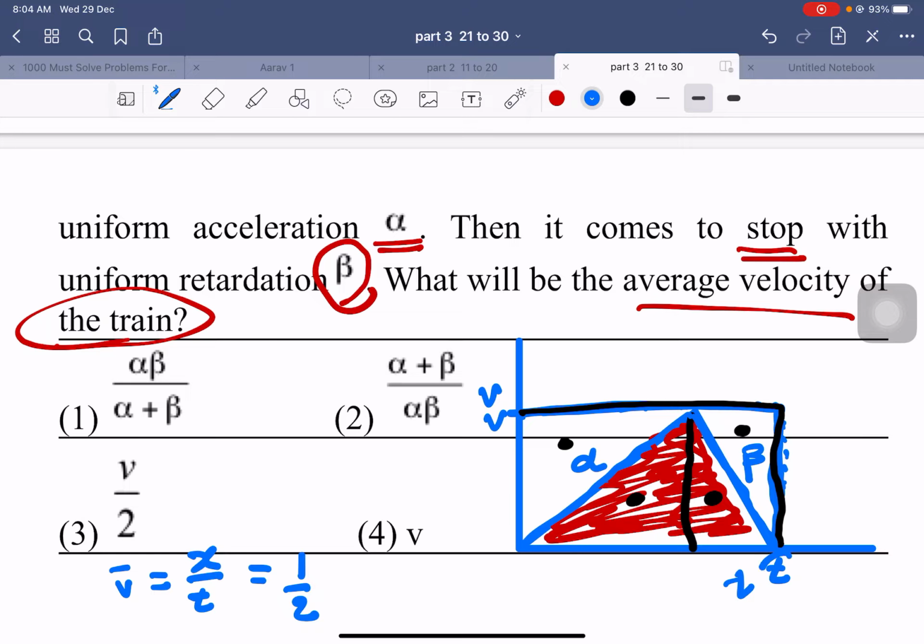Say this time is t, base into height means maximum speed v, divided by t. This t and t get cancelled. So we get v by 2. Therefore average speed is v by 2.